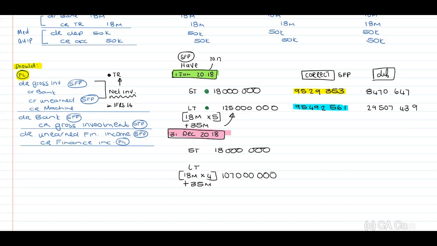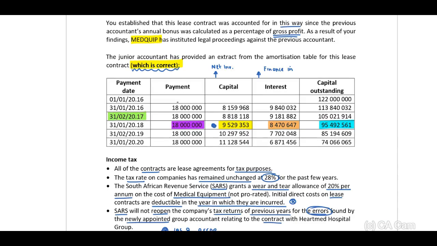And now we need to refer to our amortization table. Remember, we are now at the end of 2018. If we are at the end of 2018, we expect to receive capital of 10,297,952.